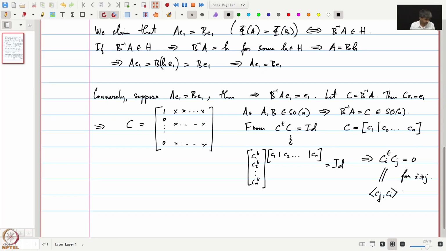So this implies that the inner product of Cj and C1 is equal to 0 for j not equal to 1, right.